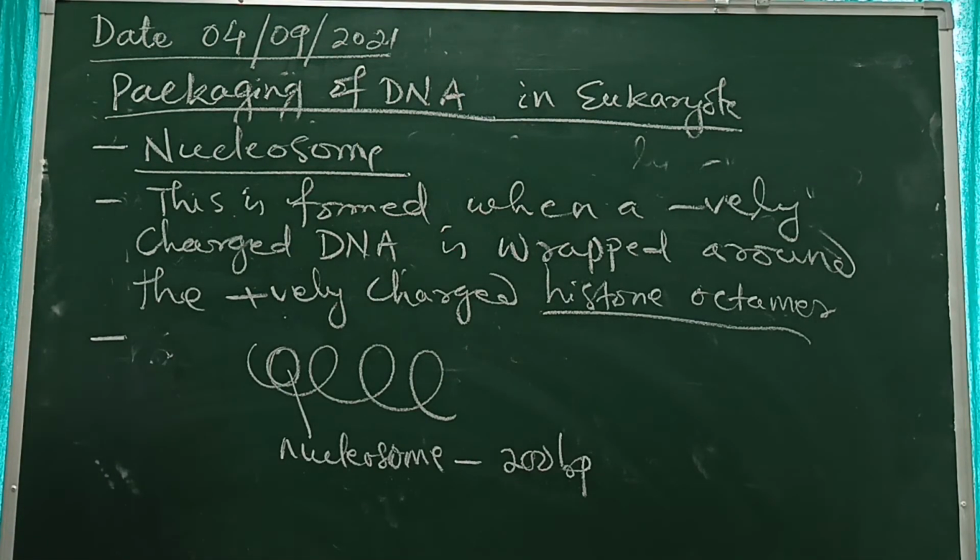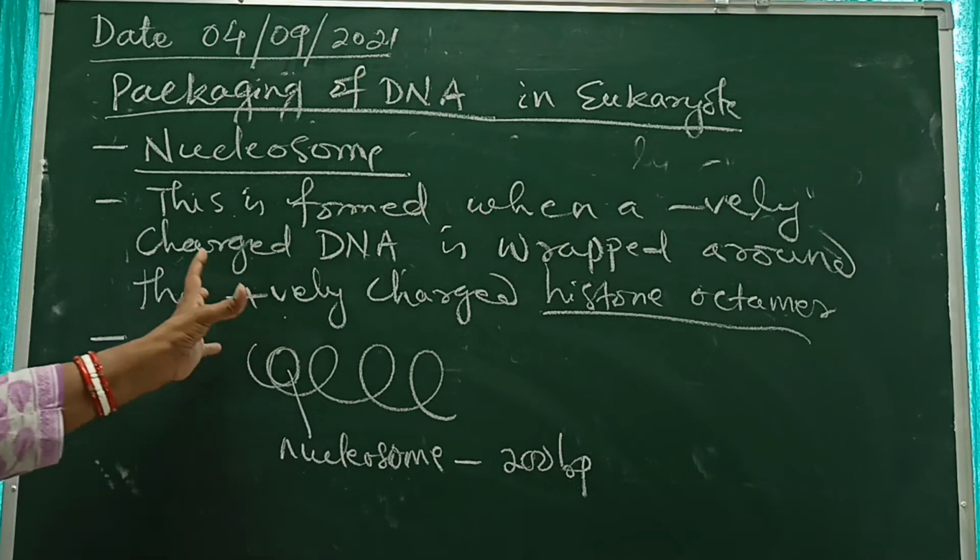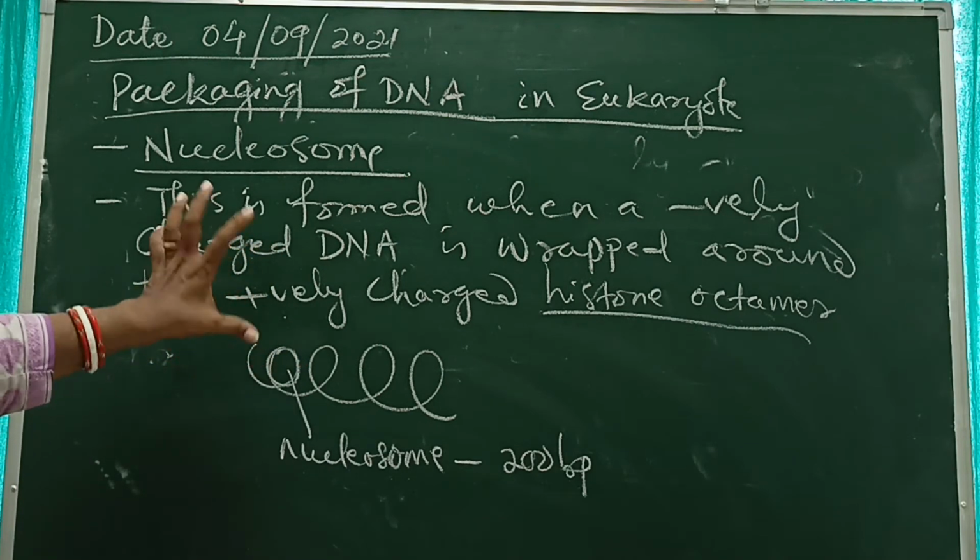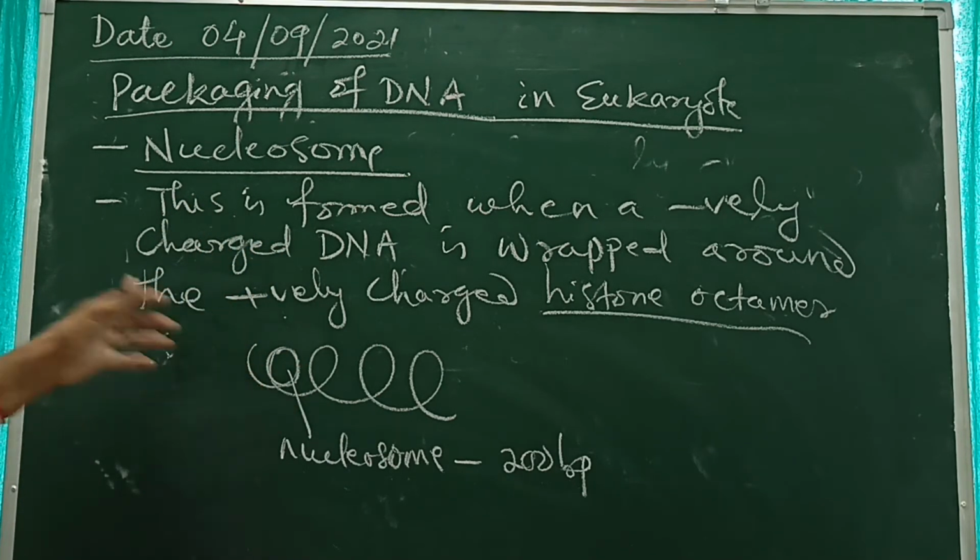It is 200 base pairs of the DNA helix. Okay, and this nucleosome forms a repeating unit as I am showing here.